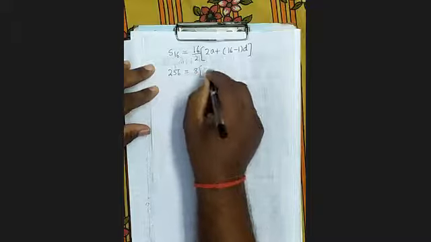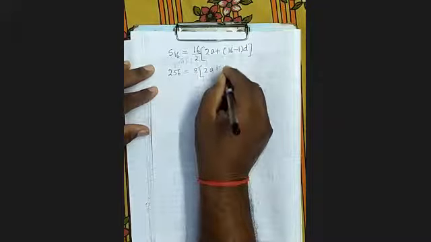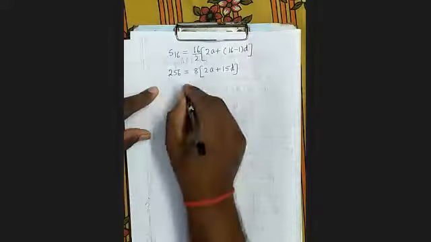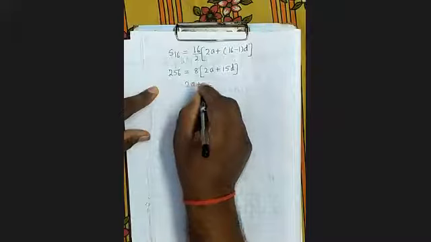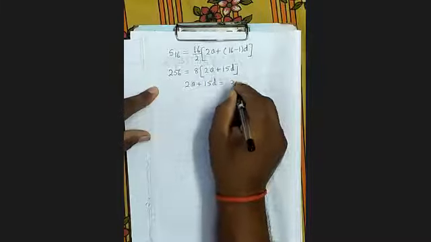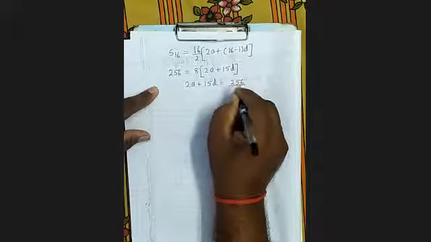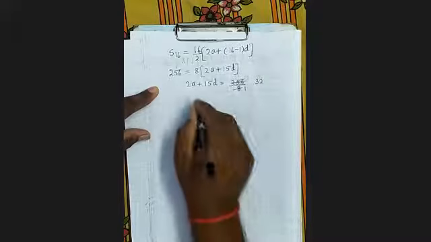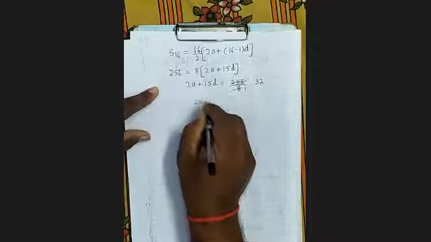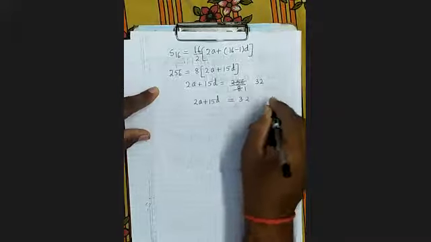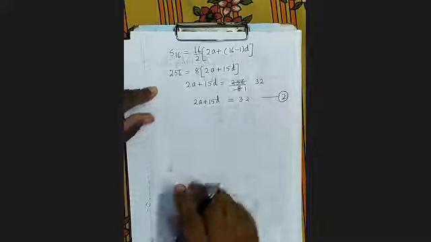This is 2a plus 15d. So 2a plus 15d will be 256 upon 8, which is 32. So 2a plus 15d equals 32.